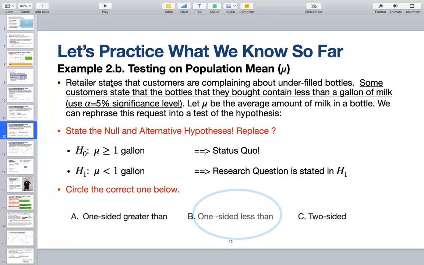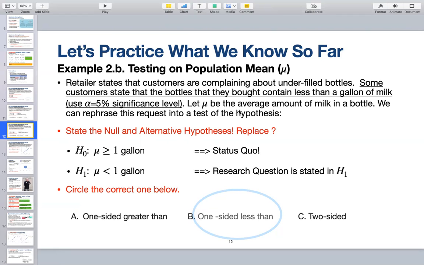Here we have a retailer operation. The retailer states that customers are complaining about underfilled bottles, and some customers state that the bottles they bought contain less than a gallon of milk. We are expected to use a probability of type 1 error alpha of 5%.